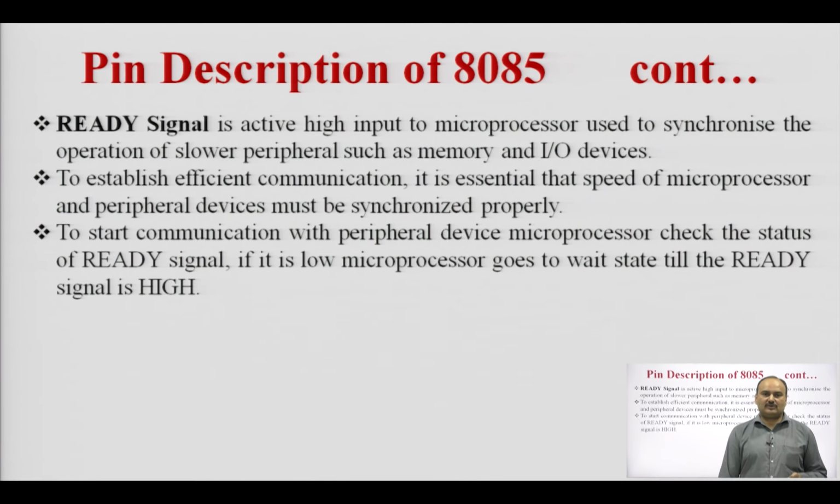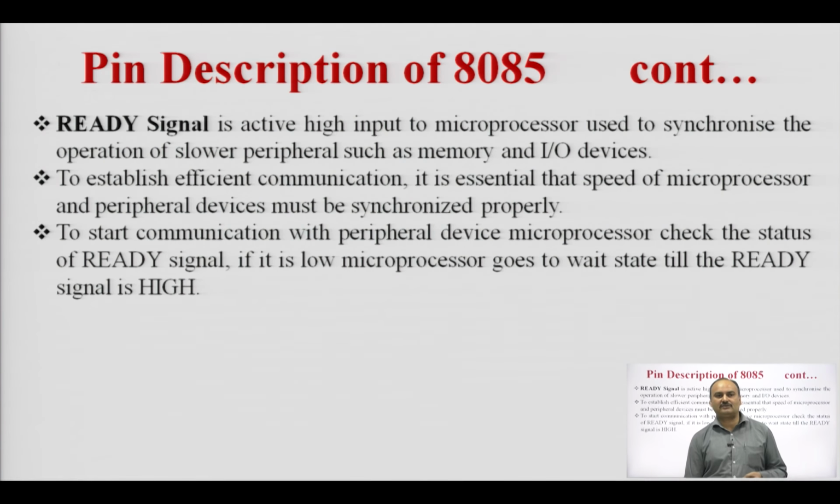To synchronize the operation of slower peripherals with the microprocessor, the microprocessor uses the READY signal as an input. With the status of the READY signal, the microprocessor decides whether to communicate with the slower peripheral device connected to it. It checks the readiness of this signal.